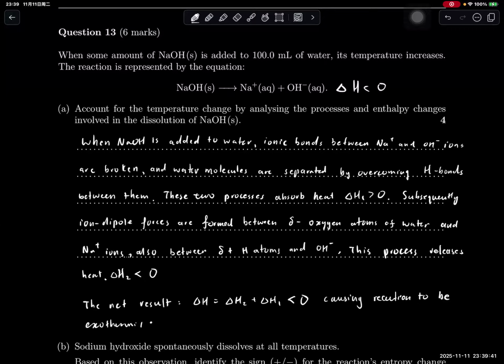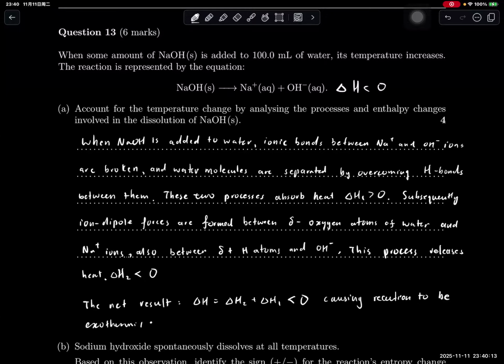So it absorbs a little bit of energy from the surroundings, and then subsequently, the ion-dipole forces start to form between the ions and the water molecules, and this process is the establishment of new bonds, which releases a lot of heat. It just happens that when these bonds are formed, you release more heat than the bonds you absorb during the separation phases. So the total enthalpy ends up being exothermic because of that.